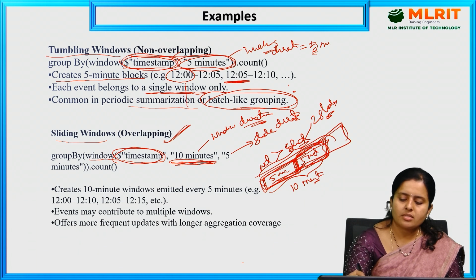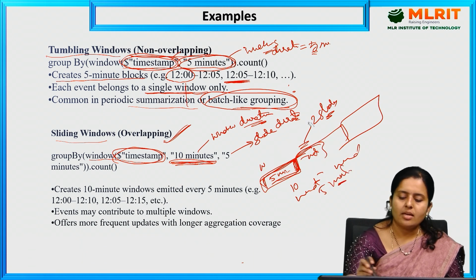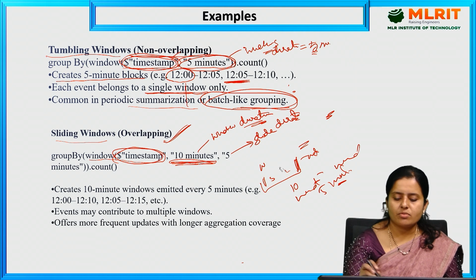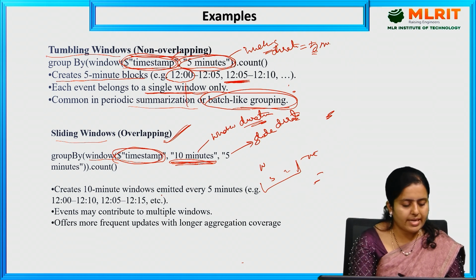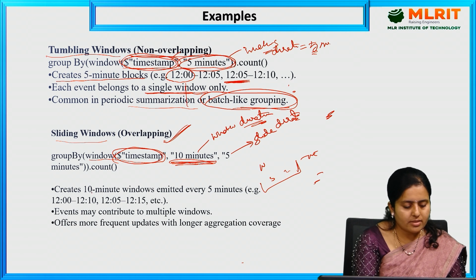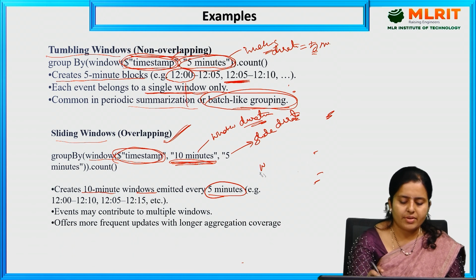That is the reason we call sliding windows overlapping events. With an example, this creates 10-minute windows emitted every 5 minutes.